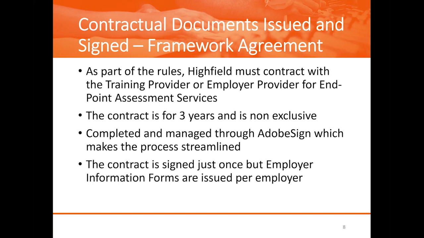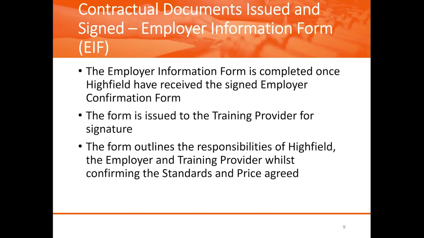And we would ask for you to get that all signed up and back to us. It's just signed the once per learning provider, so we'd only need to do this the once with you guys, and then we'd look at the second part of the contract, which is our employer information form.